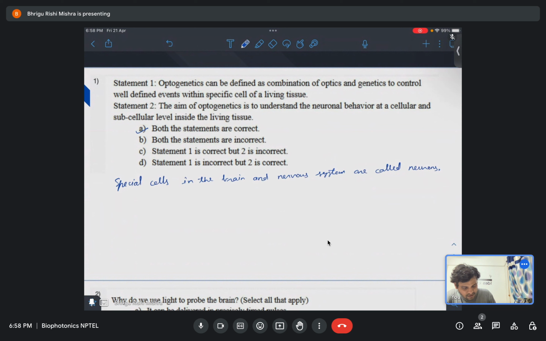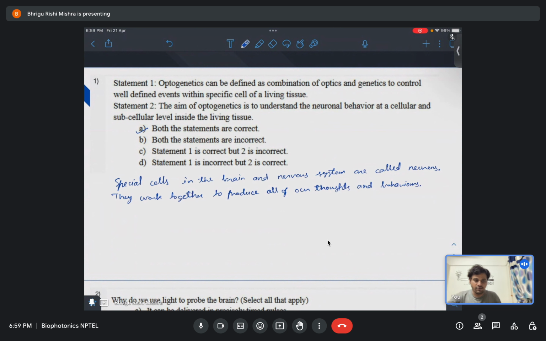These neurons work together to produce all of our thoughts and behaviors, or you can say these are responsible for all of our thoughts and behavior.